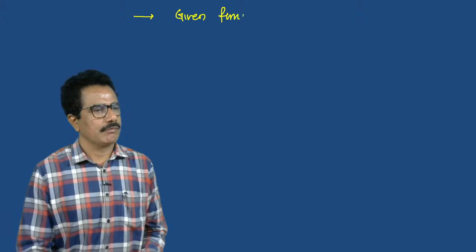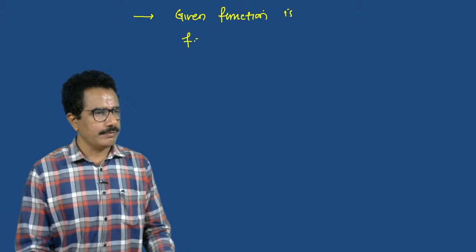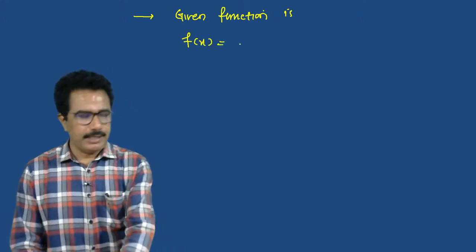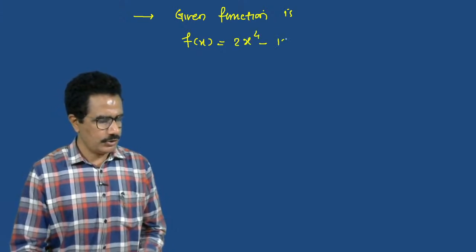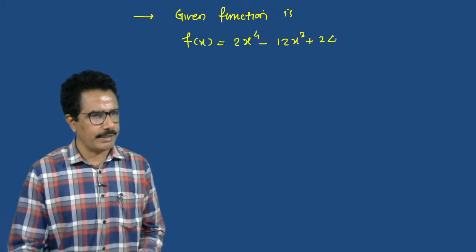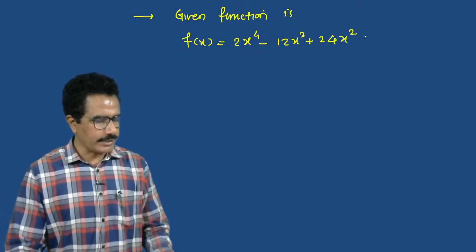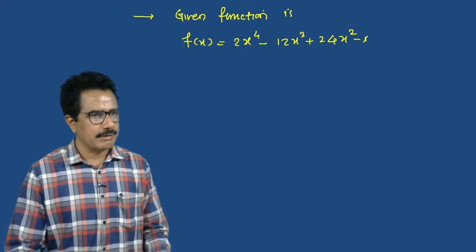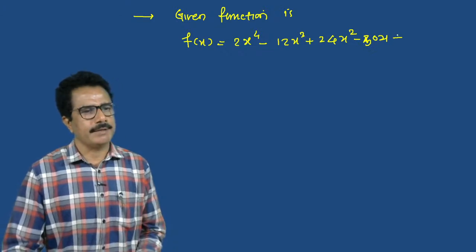See this, the given function is: solution, f of x equals 2x raised to 4 minus 12x cube plus 24x square minus 30x plus 9.